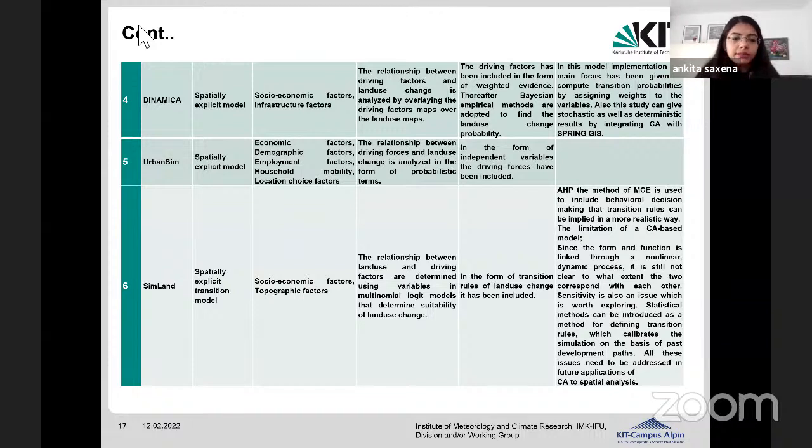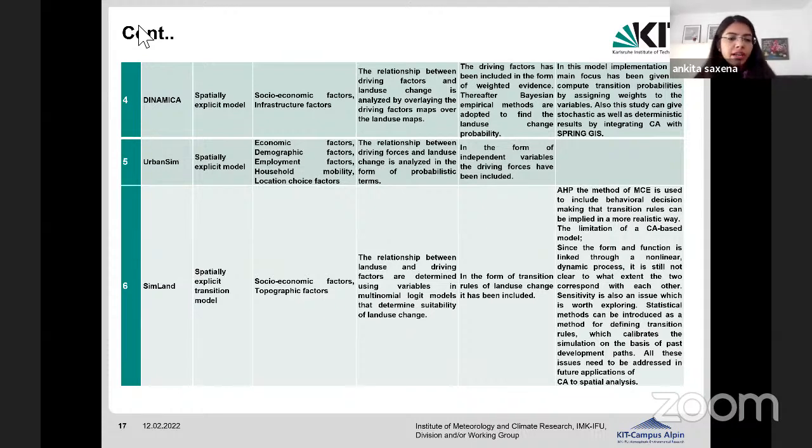Different variables are included by computing multi-criteria analysis, their weights, and then, against those weights, deciding which variables are given more preference. However, the limitation is that the explanatory variables which drive urban growth may vary with location. For developing countries it would be entirely different than for developed countries.